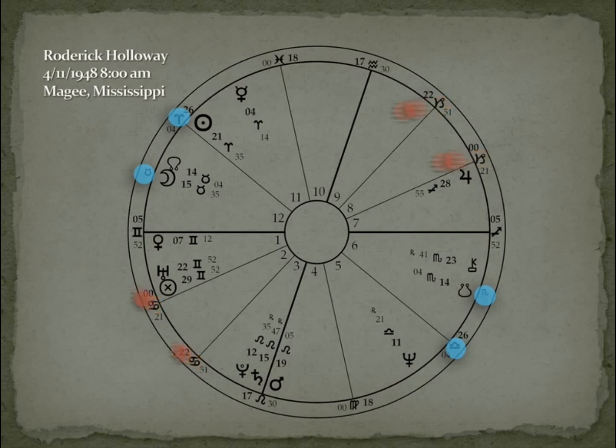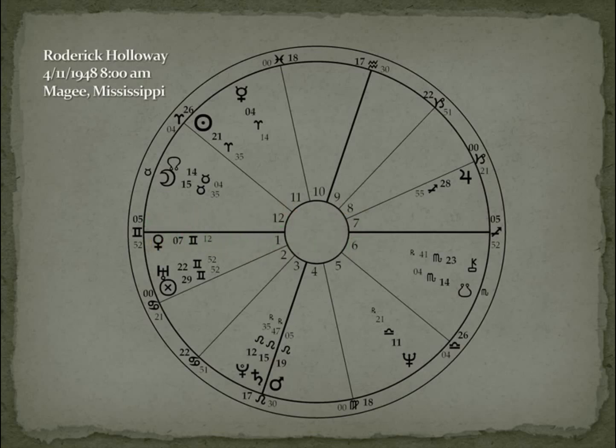Simply put, some houses can be bigger than others. In the case of my chart, my 12th and 6th houses are the largest, and my 2nd and 8th houses are the smallest. The others fall somewhere in between.